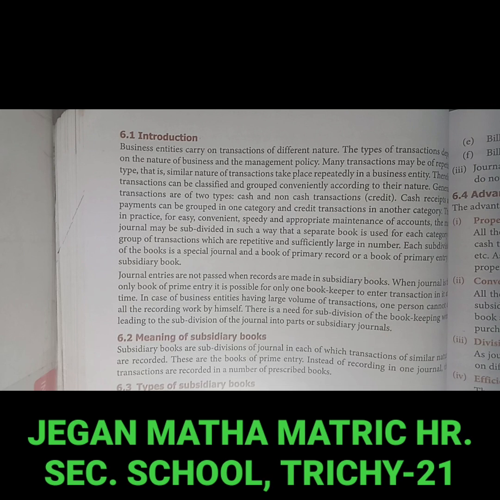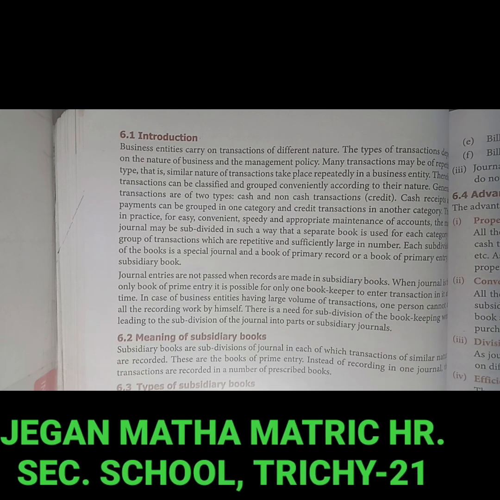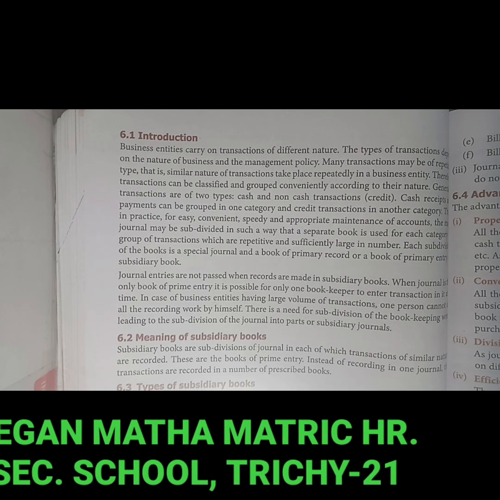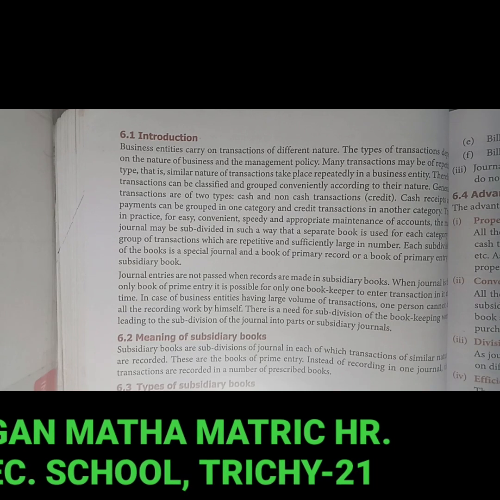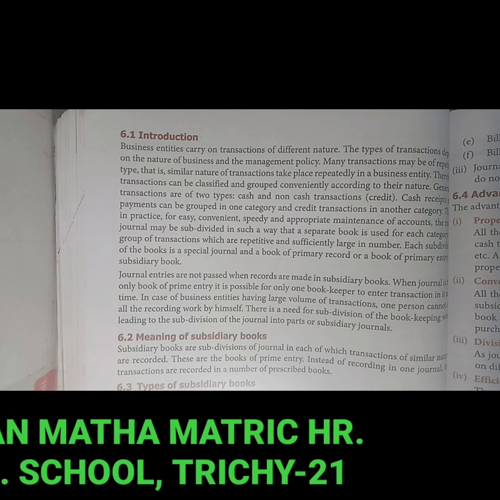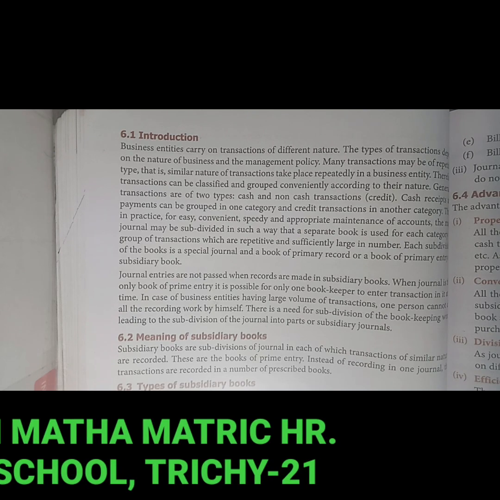Therefore the transactions can be classified into groups conveniently according to their nature. Generally the transactions are of two types: cash transactions and non-cash, that is credit, transactions. So cash receipts and payments can be grouped in one category and credit transactions in another category.